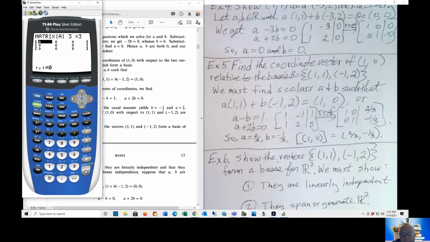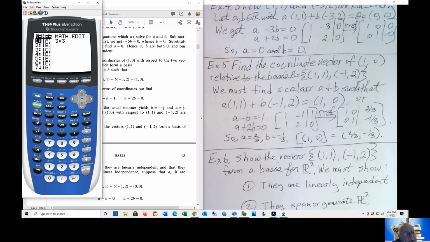And we're going to input 1, negative 1, 1; then 1, 2, 0; and then 0, 0, 0.